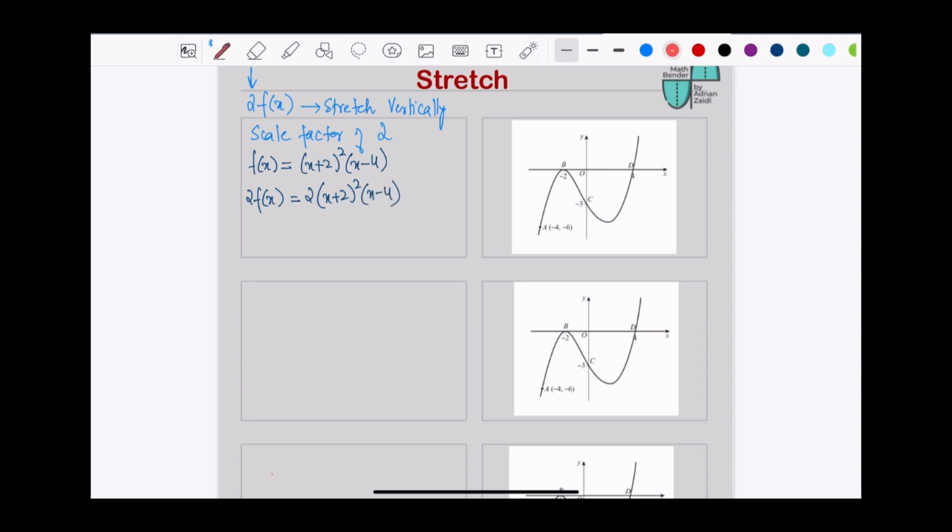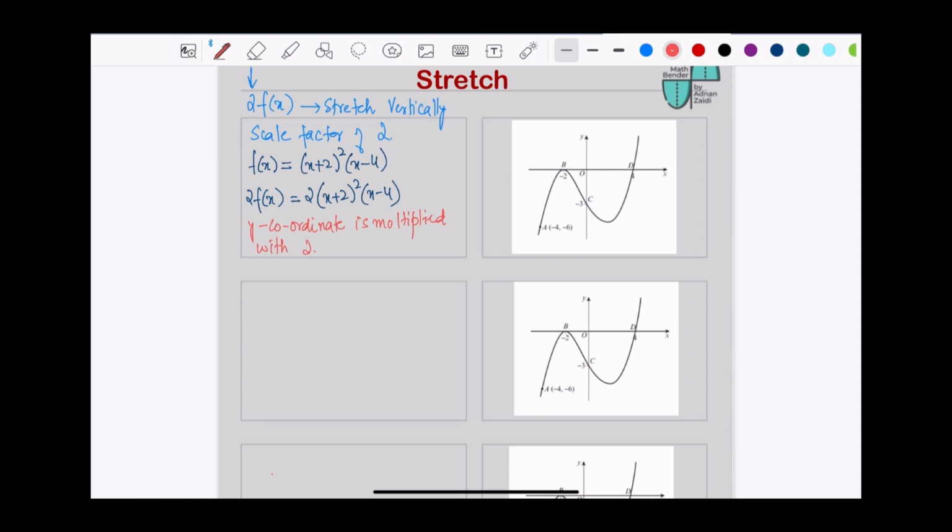The key factor is the y coordinate. Since it's stretching vertically, the y coordinate is multiplied with, in this case, 2.